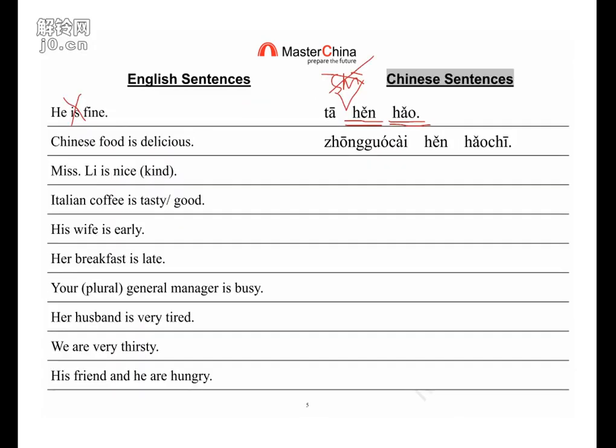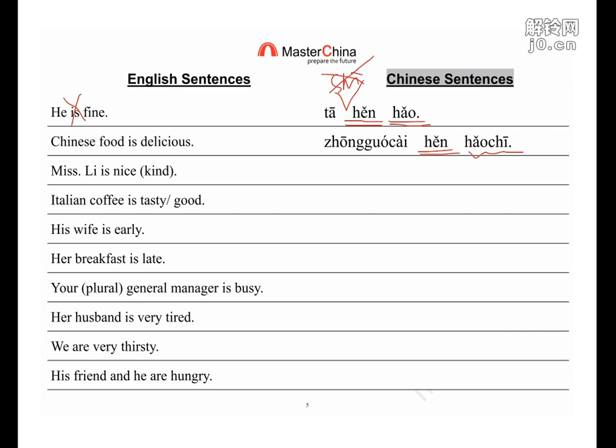Okay, next one. Chinese food is delicious. So you know all these words. 中国菜很好吃，很好吃. English didn't say very, but the most common degree word we use in Mandarin is 很. That's why 中国菜很好吃. If you really appreciate it, you can use stronger degree words, right?